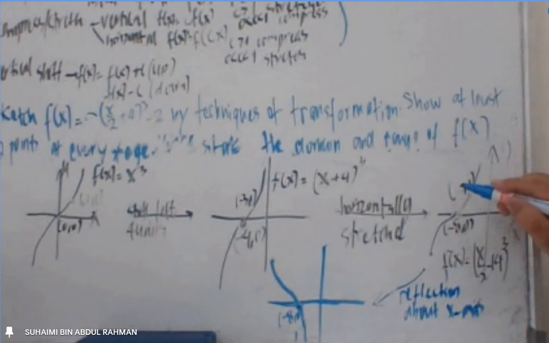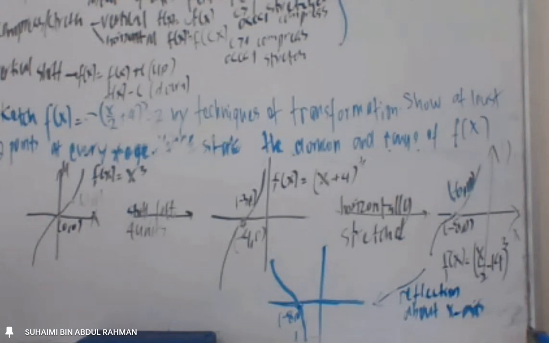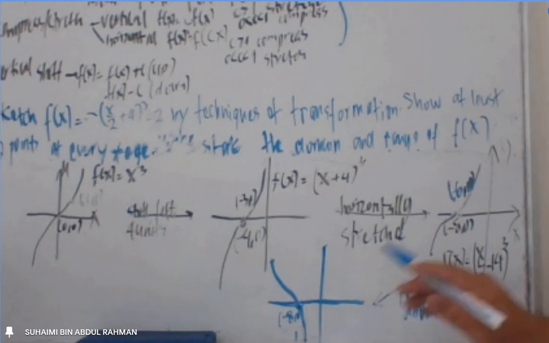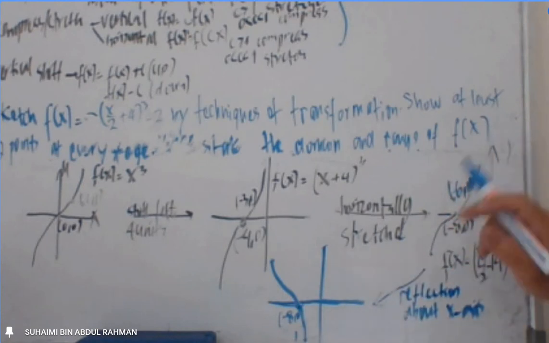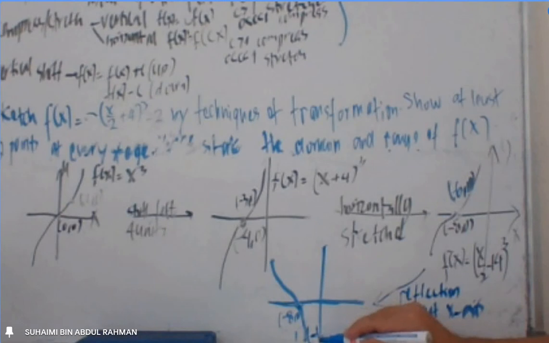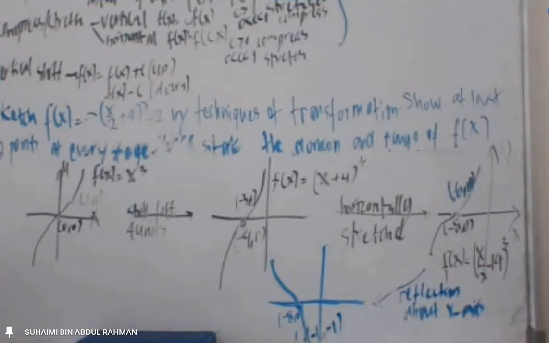The original is minus 6, 1. We want to know these points will go to minus 6, minus 1.